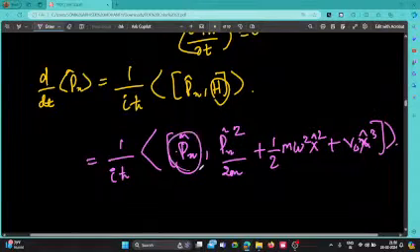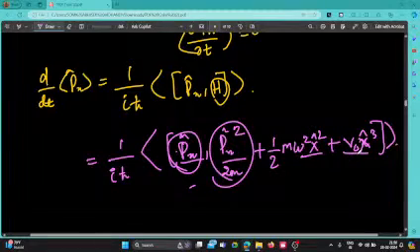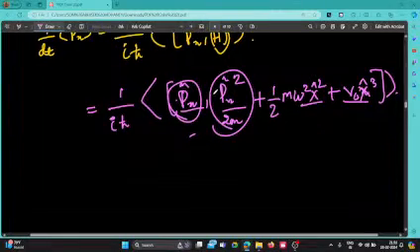See, if you see, this commutation will be 0 because the same things are there. So only we will see this and this, right? So please try. Okay, this will be 0.